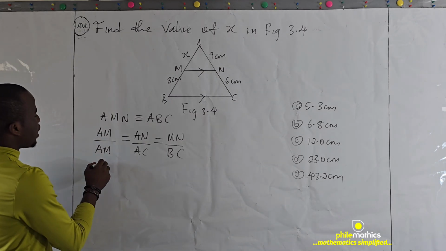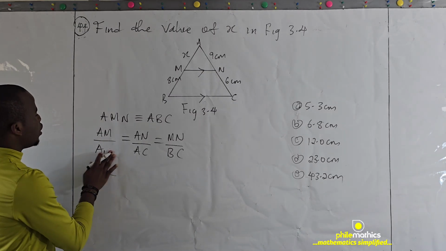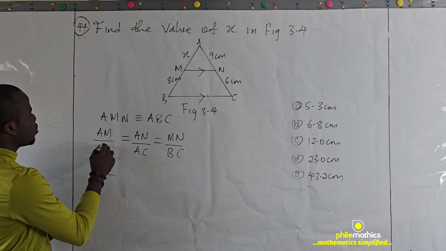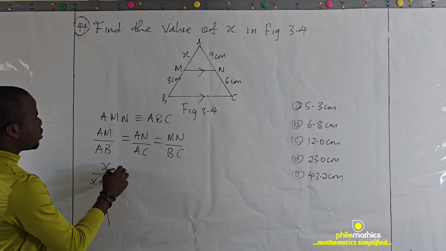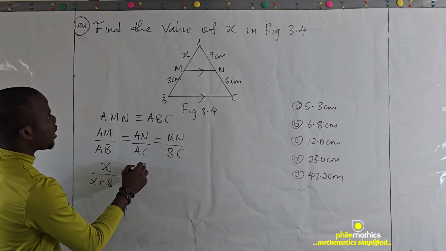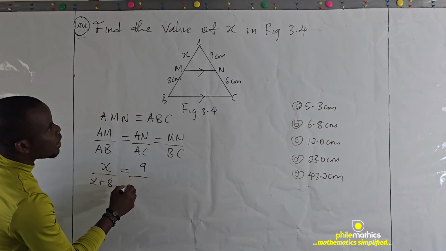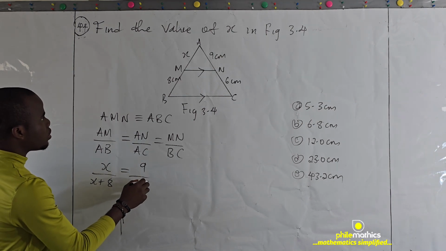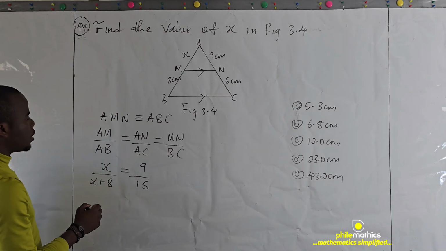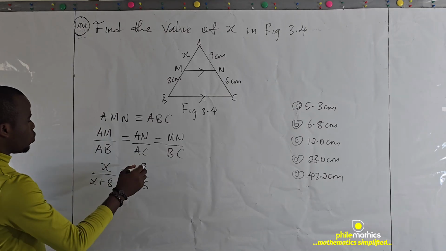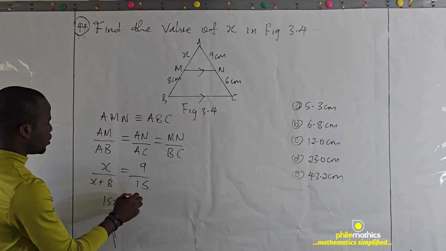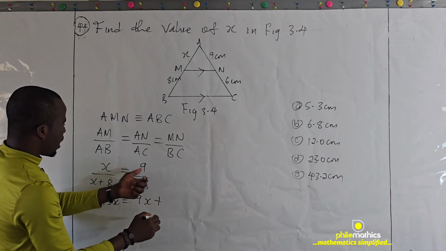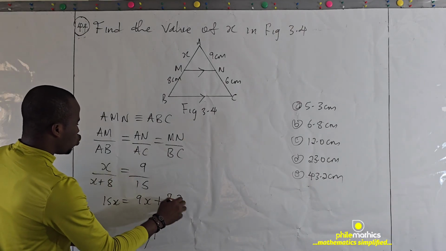AM is X. This is AB. AB is X plus 8. AN is 9. AC is 9 plus 6, which is 15. And so to find X, we cross multiply. 15x will be 9x plus 9 times 8, which is 72.